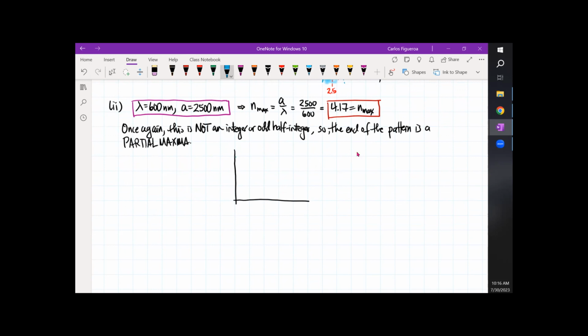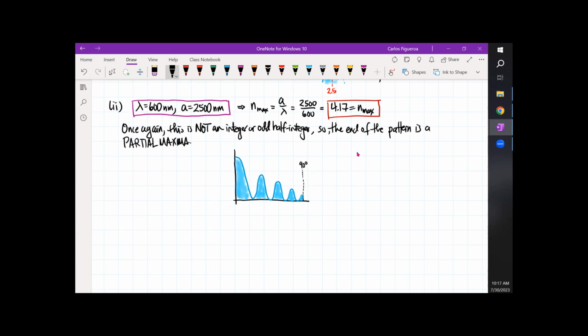So we're going to go 1, 2, 3, 4, and then it just goes up a tiny bit. And then I have just a little tiny portion, which is right here.